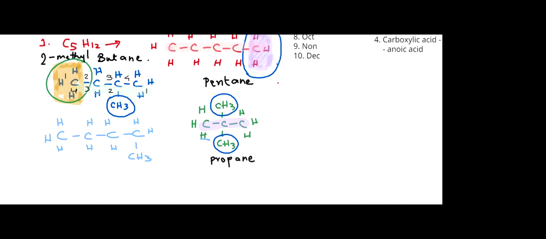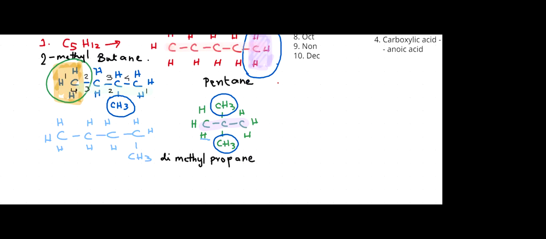But over here, I have got 2 side chains. I've got 2 methyl. Okay. So we use the word dimethyl. Dimethyl means that there are 2 methyl groups. And the last thing we have to do is write down the number.